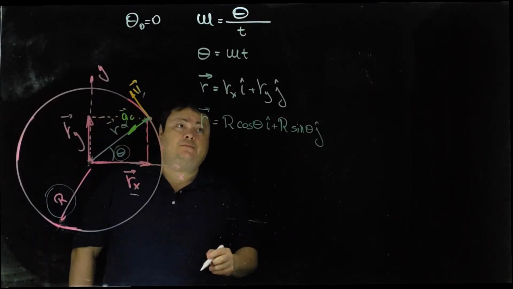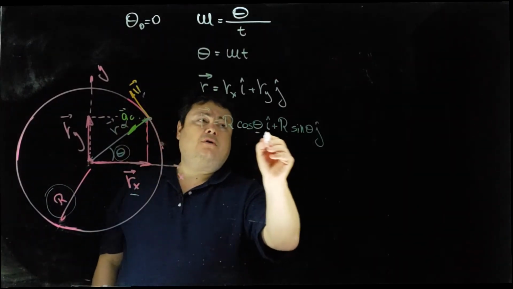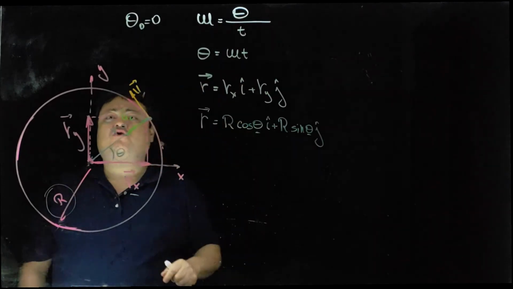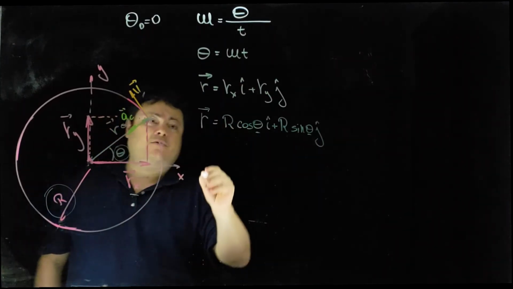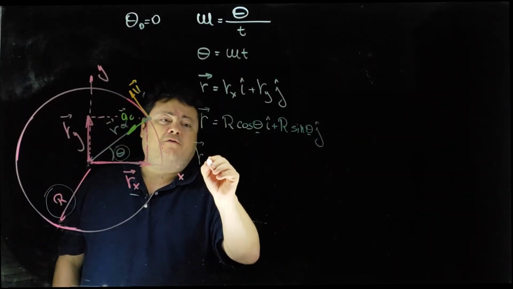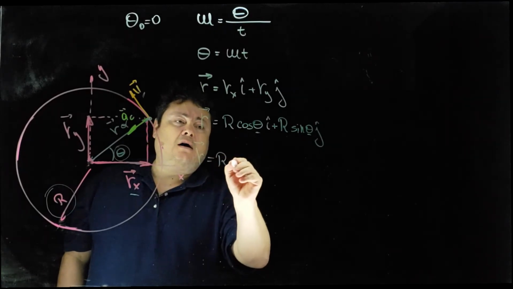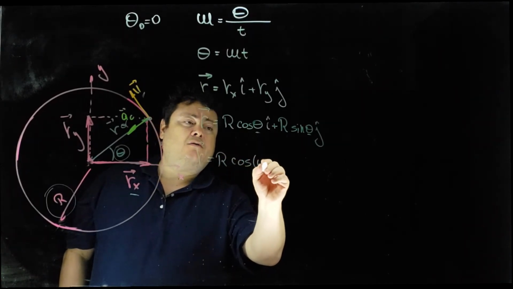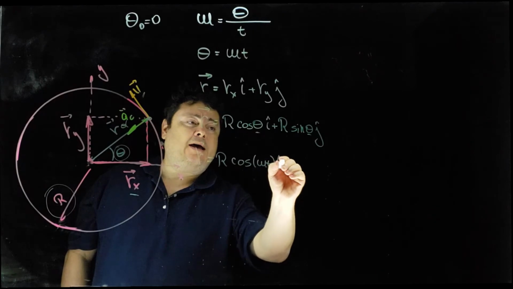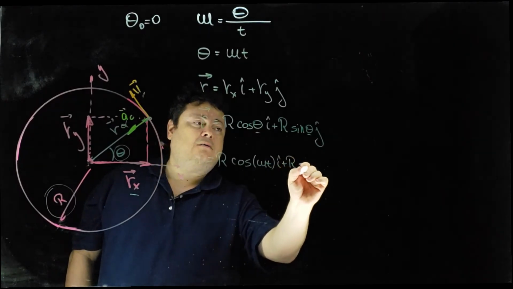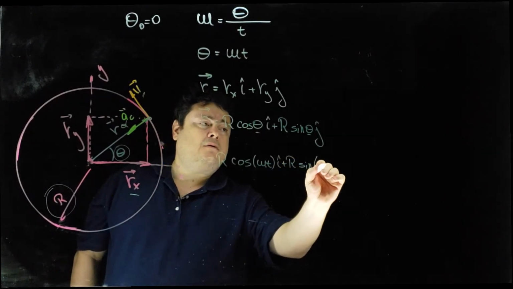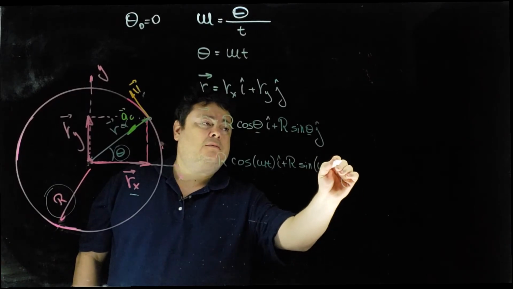Now let's remember that theta itself is a function of time. So r can finally be written as r cosine omega t i hat plus r sine omega t j hat.